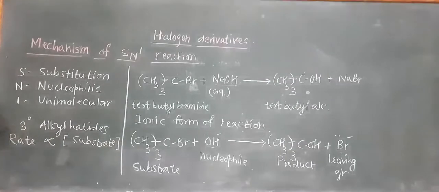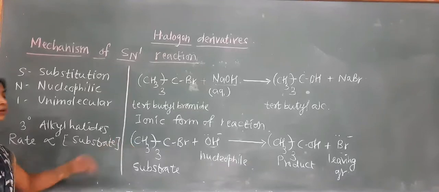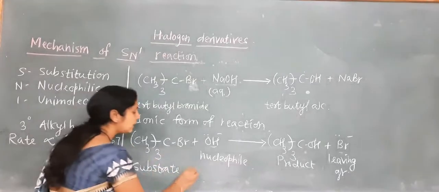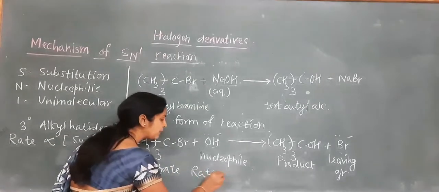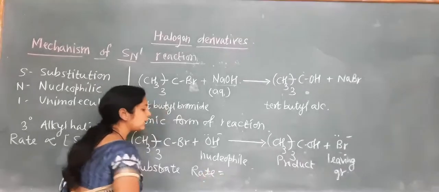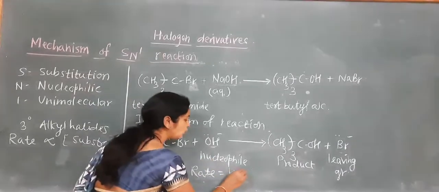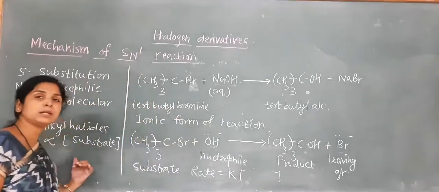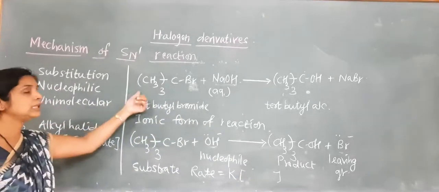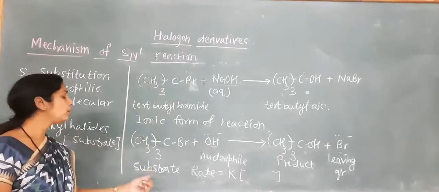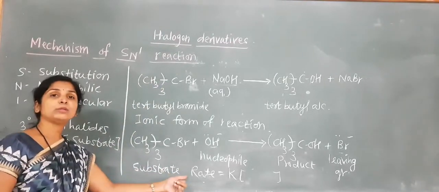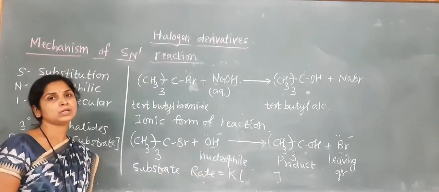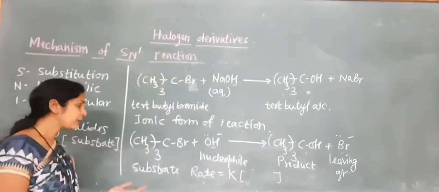Now, considering the substrate in this particular case, we may write the rate in the form of an equation: rate is equal to K into the concentration of the substrate. You may write the word substrate or write it in the form of the equation where we have introduced the constant called the rate constant.